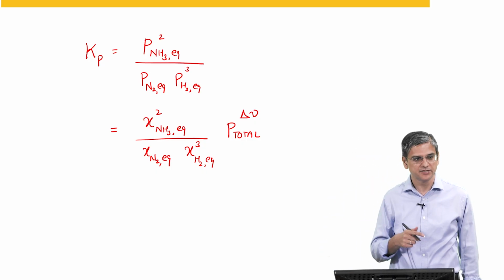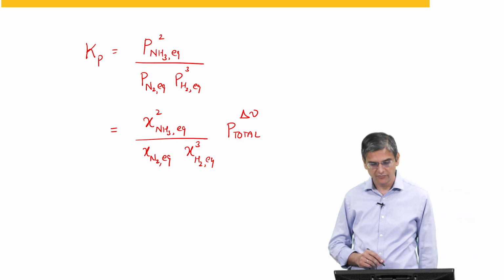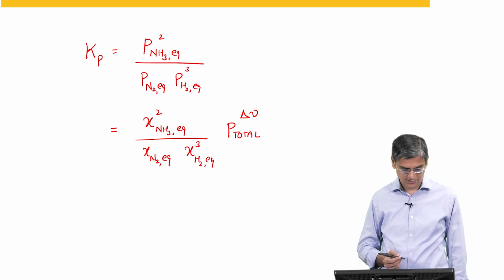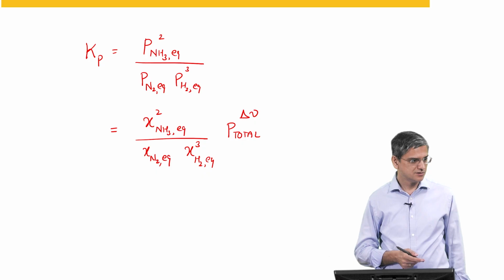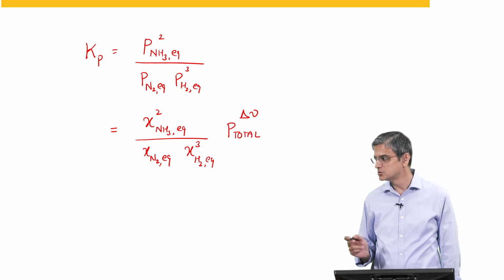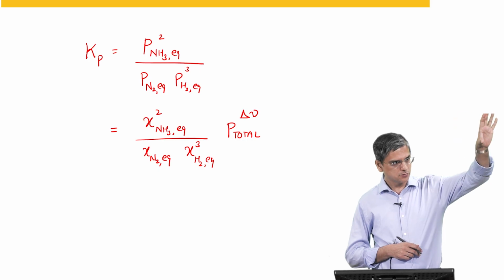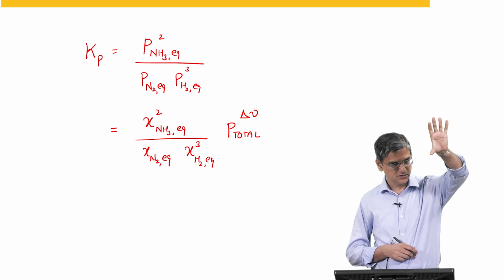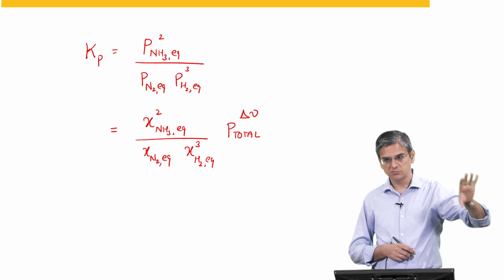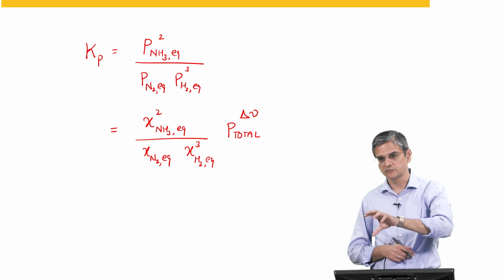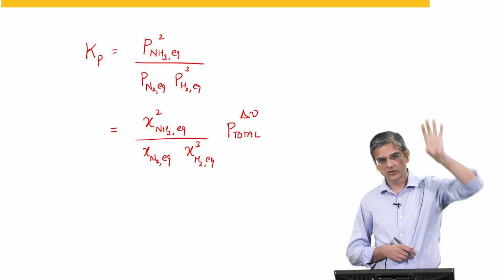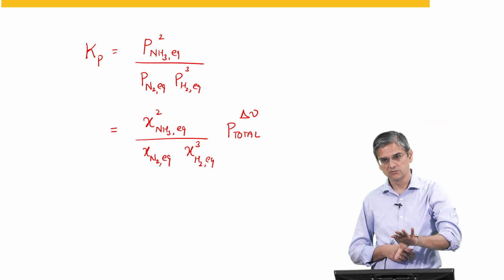I was just thinking in my head how it would look. How did you get this? Because partial pressure P is total pressure multiplied by mole fraction. So, you have total pressure multiplied by mole fraction for each species, to the power 2, power 1, power 3.